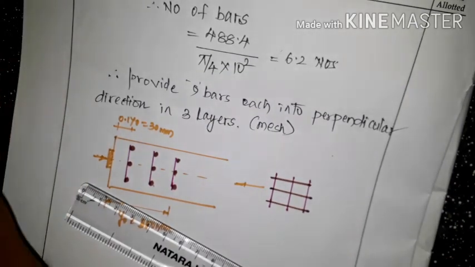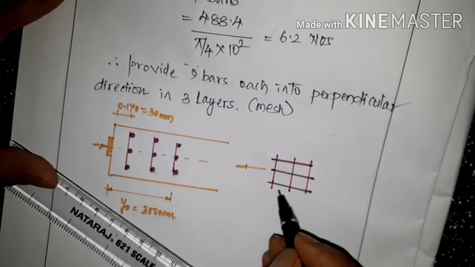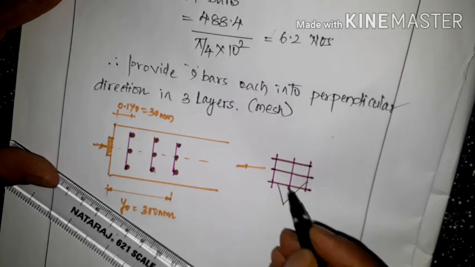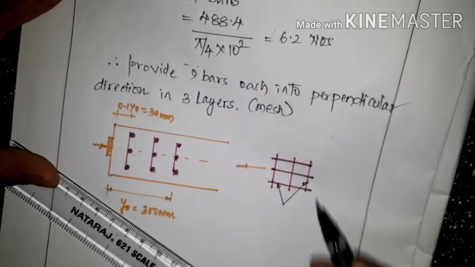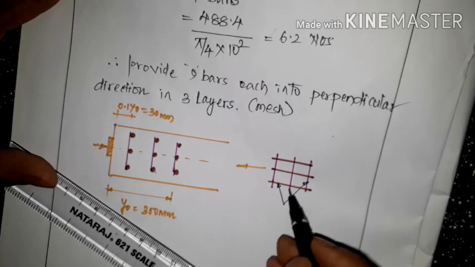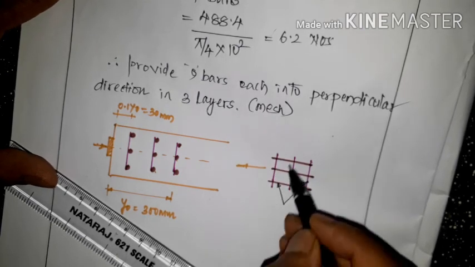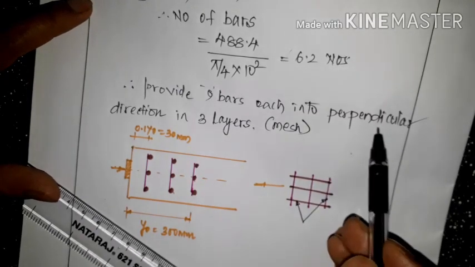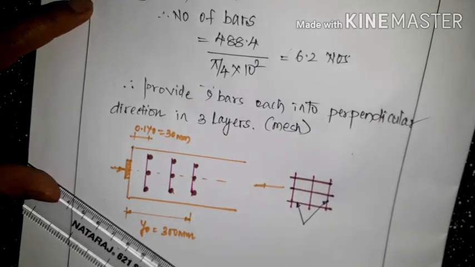So this mesh consists of these plus this together, 3, 1, 2, 3, 1, 2, 3. So that's what is given as provide 9 bars in each perpendicular direction in 3 layers. 9 bars into 3 layers.